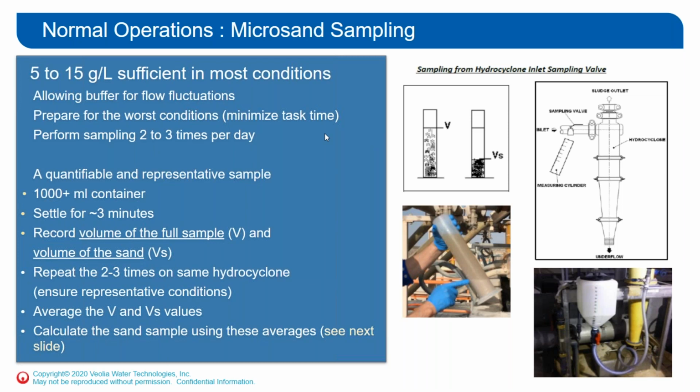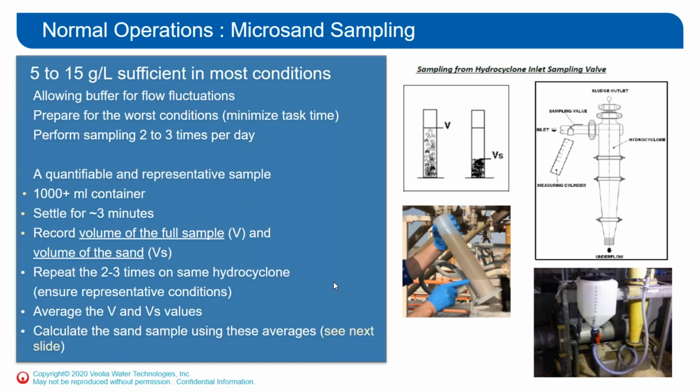You take it once, you assume it's fine. It's been the same for a week. Maybe you don't need to do it 3 or 4 times, but you don't realize that the time that you grabbed it, say the rake hadn't been going through, it had been going through a bare spot, and for some reason the sludge is all settling into a snowdrift on the opposite end of the tank.